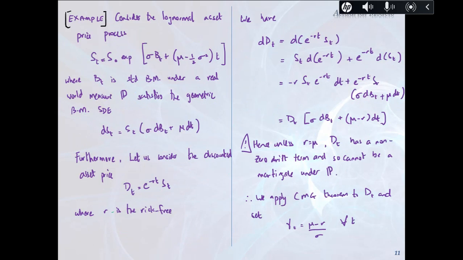Let us now take the lognormal asset price process. I think you recall this expression. We've seen it in the first chapters; it is a consequence of the GBM, the geometric Brownian motion, which is assumed in this chapter.